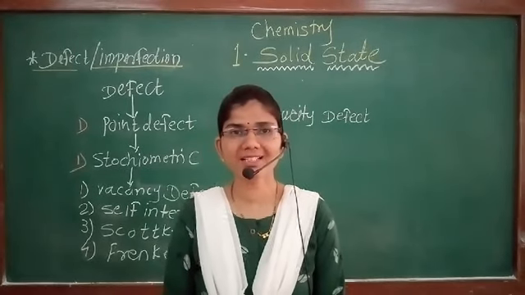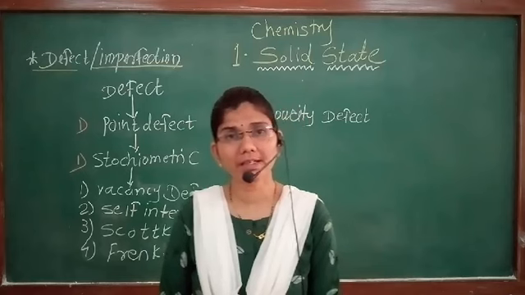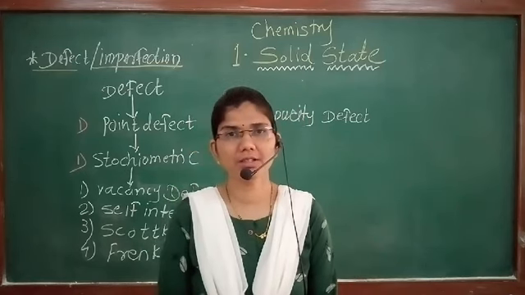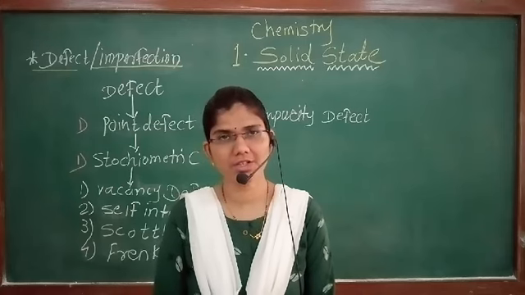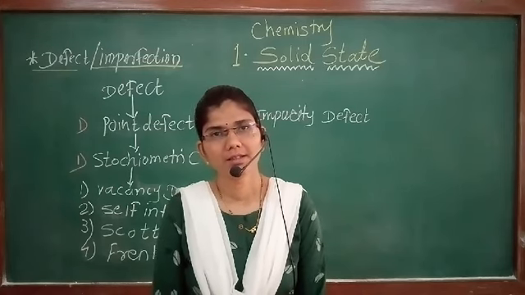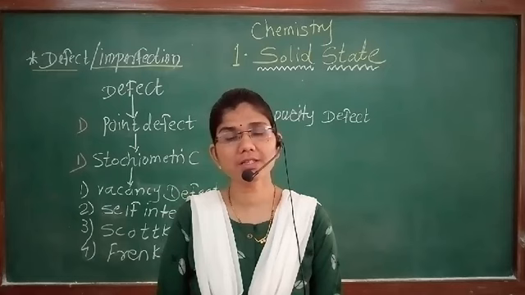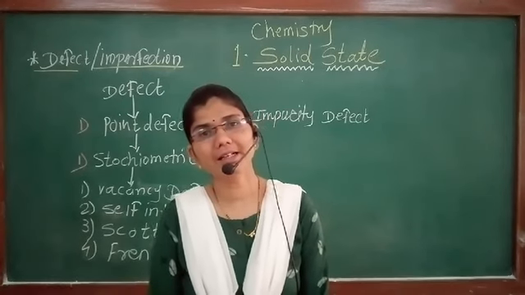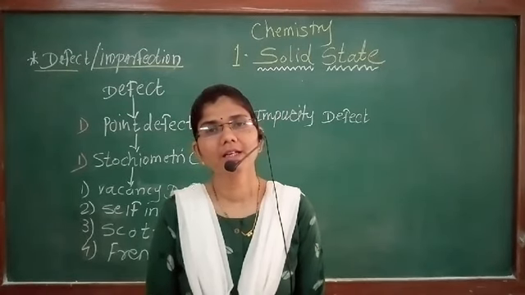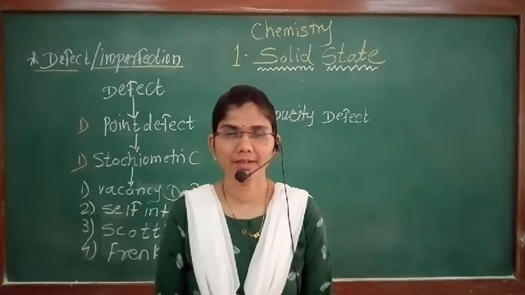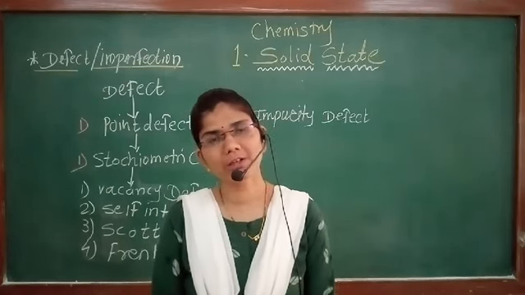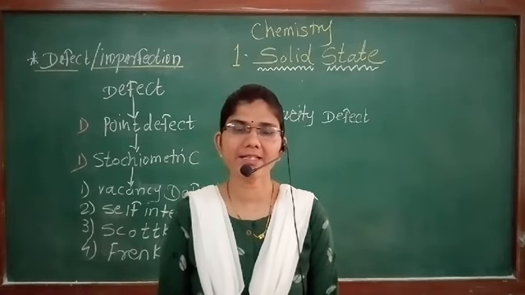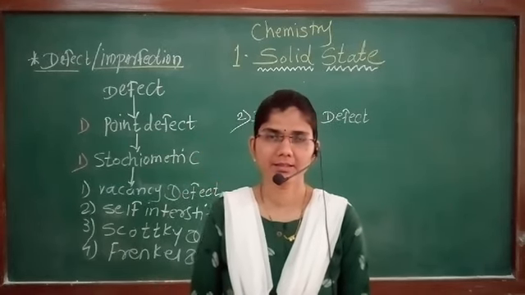During the crystallization there is some imperfection or fault in the arrangement of the lattice points, and therefore that fault in the arrangement of the crystal structure is called a defect.